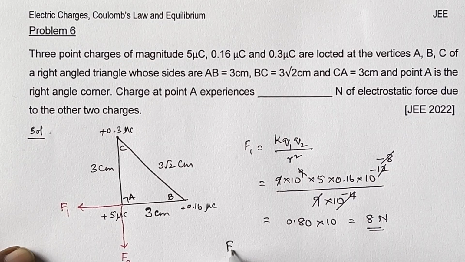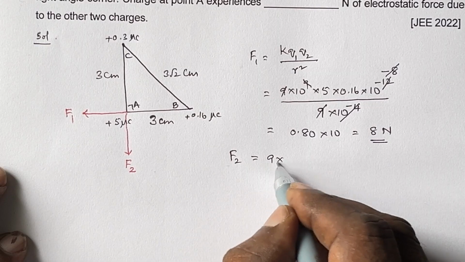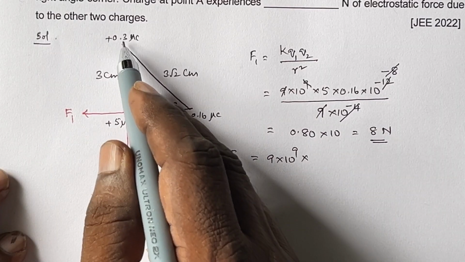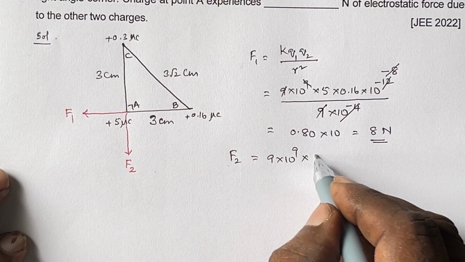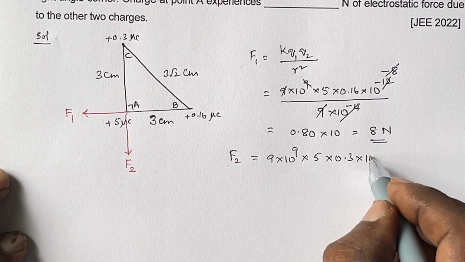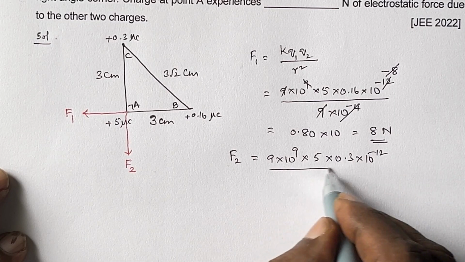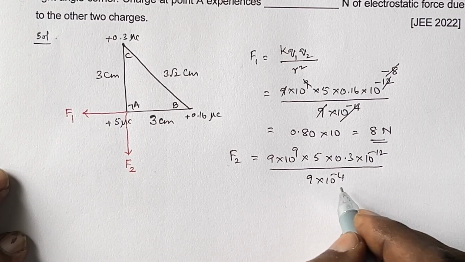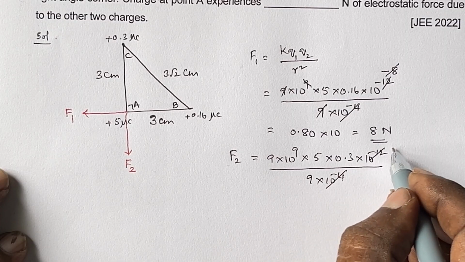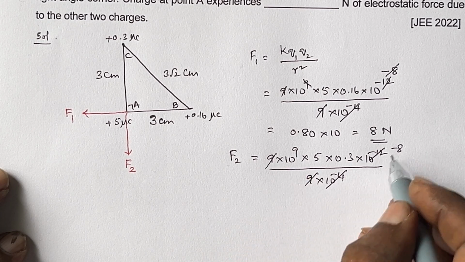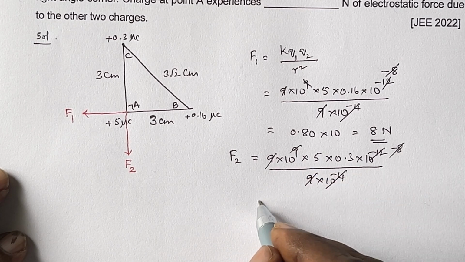Then F2 we calculate, same formula, 9 into 10 to the power of 9, and this force is between 0.3 and 5. So 5 microcoulomb, 0.3 microcoulomb, micro into micro, 10 power minus 12 by the square of the distance, 9 into 10 to the power of minus 4. So this is minus 8 here, and 9 will go, and this 10 will be there here.